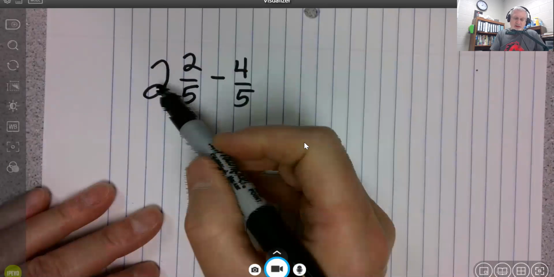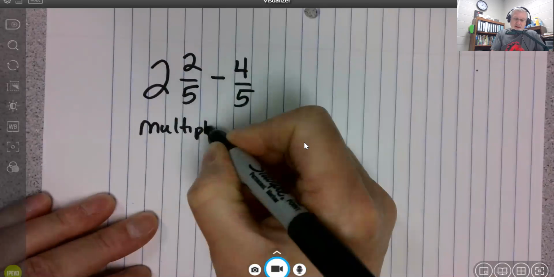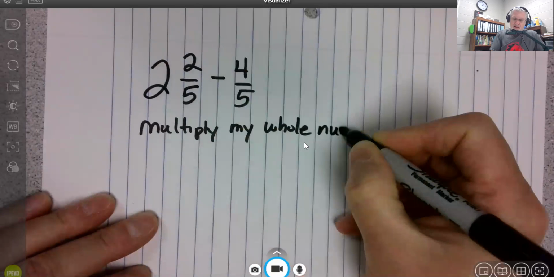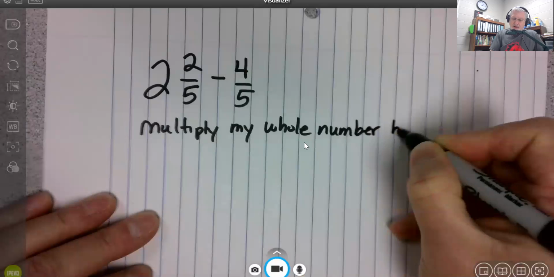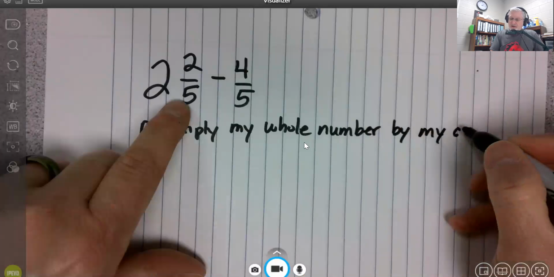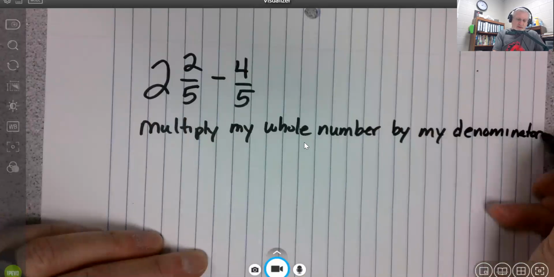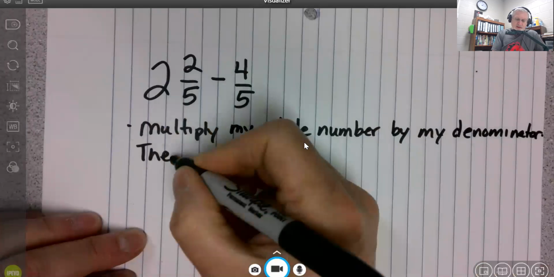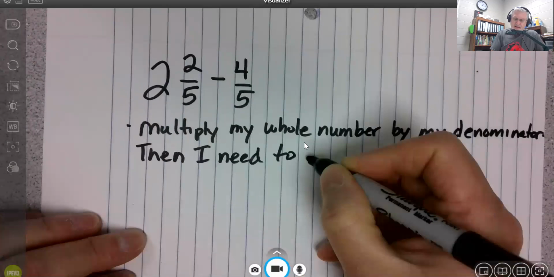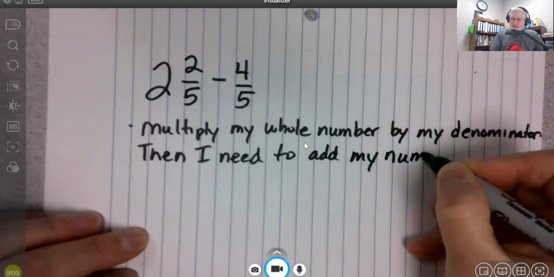So I'm going to multiply my whole number by my denominator. Then I need to add my numerator to that number.